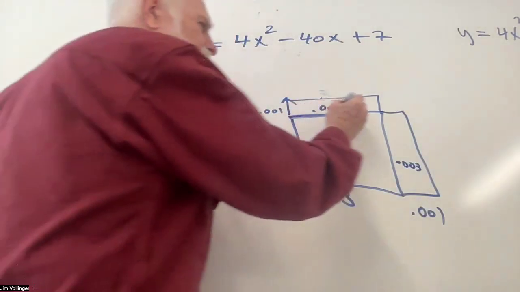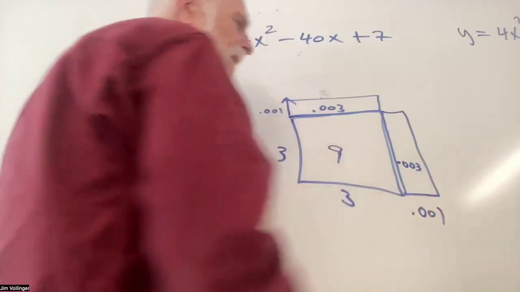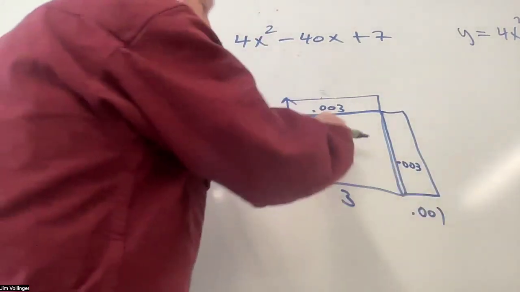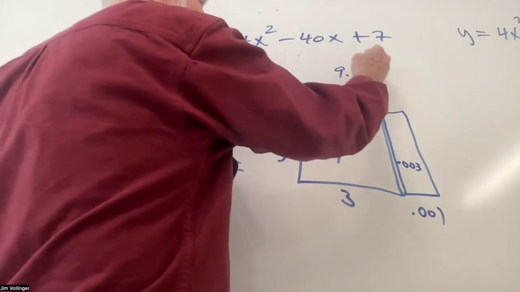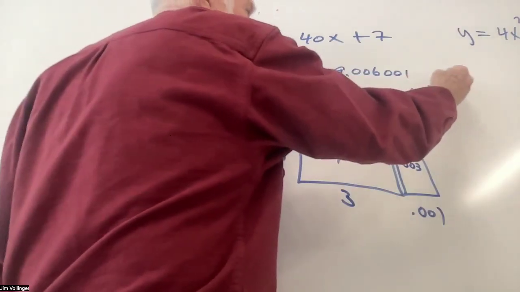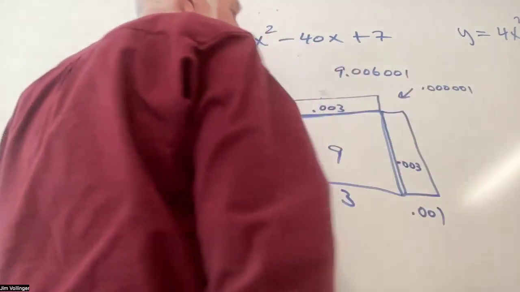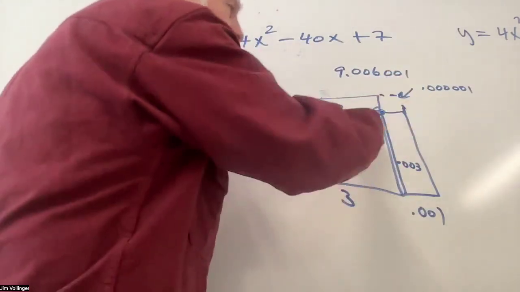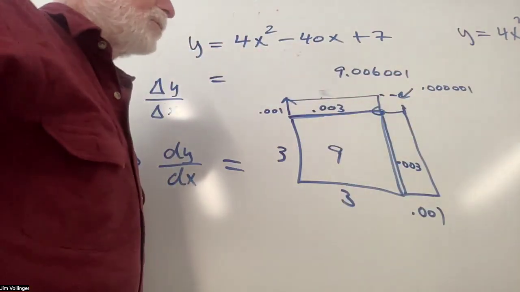What I've really done is made the square a little bit bigger. Then I look at adding these up, and that's where we got the 9.006001. And that is the 0.000001 because I'm squaring that here. That's the change in area at the cusp, which is negligible.